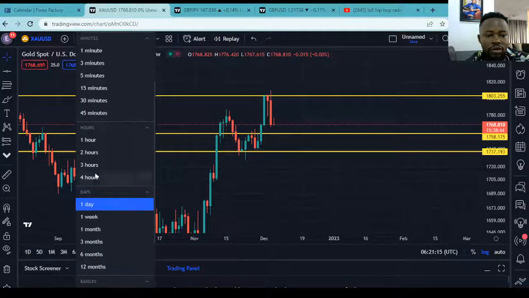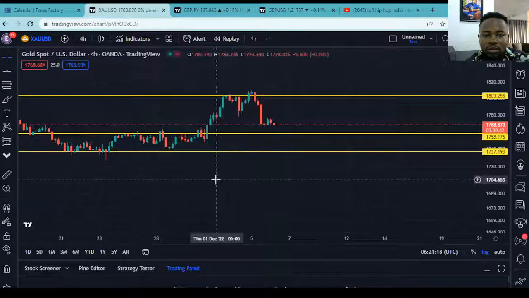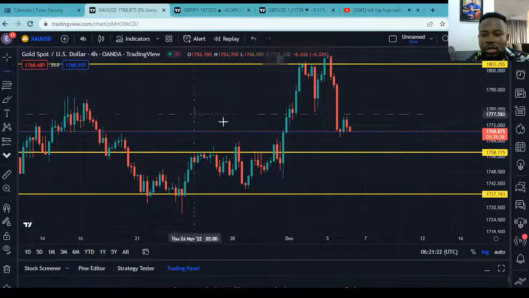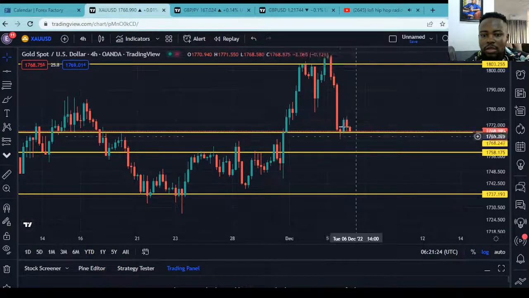Let's go down to the 4 hours. On the 4 hours, we've created a support. This is the most recent support on the 4 hours time frame.